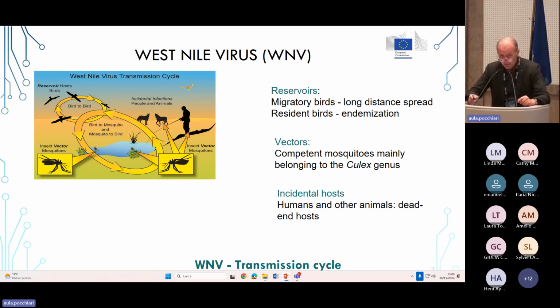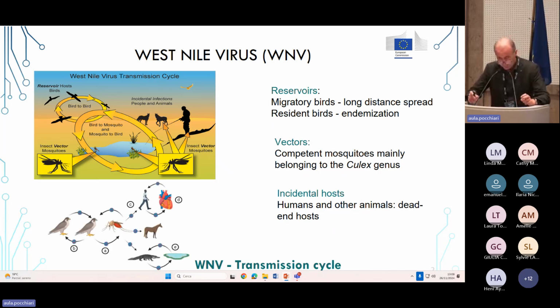You know, the life cycle has been already presented. What I would like to focus on is this life cycle, which can have only birds as the main actor. I mean, a bird-to-bird life cycle, especially in birds of prey, and also human and organ donors.